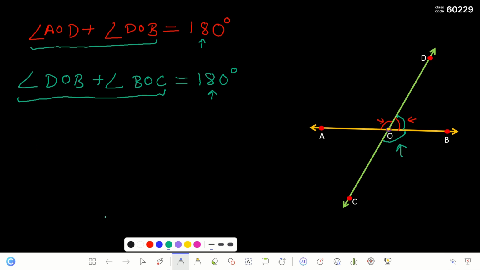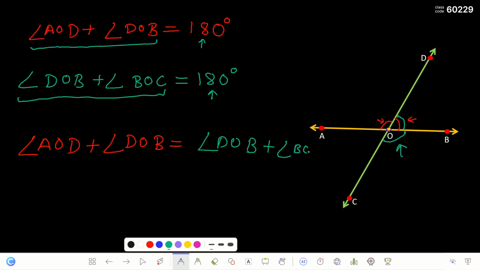So let me write that down. So angle AOD plus angle DOB is equal to angle DOB plus angle BOC. Now I can see that both the sides have angle DOB common. What I could do is I could subtract angle DOB from both the sides, right?